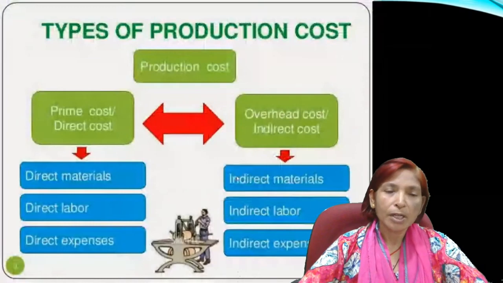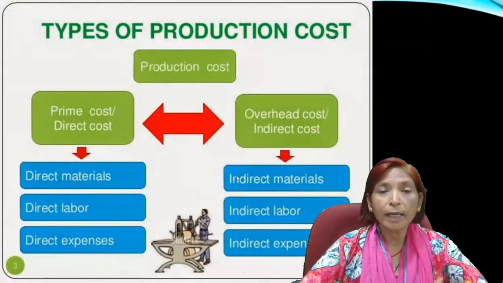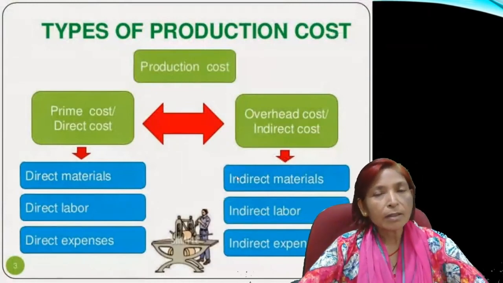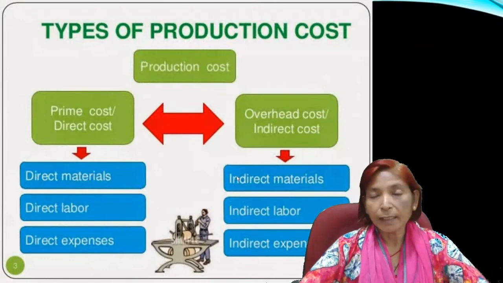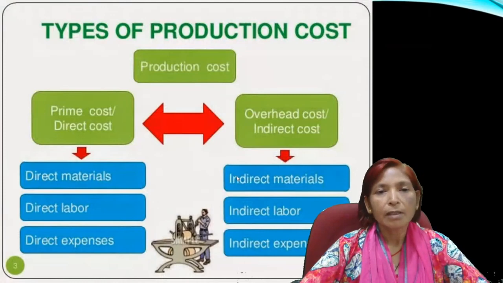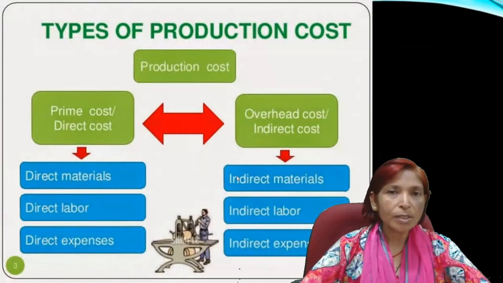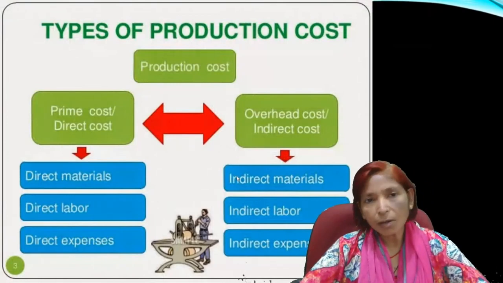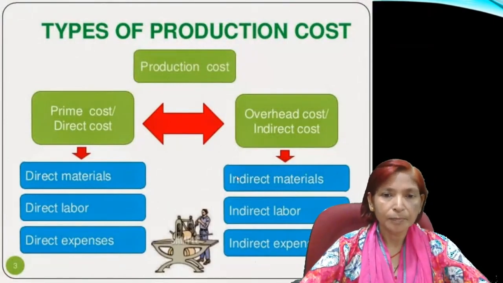Now, types of production cost. There are different types of production cost. One is direct cost. Direct cost is that cost which we have to pay directly. The money expenses which we have to pay directly for producing any goods and services is called prime cost or direct cost.